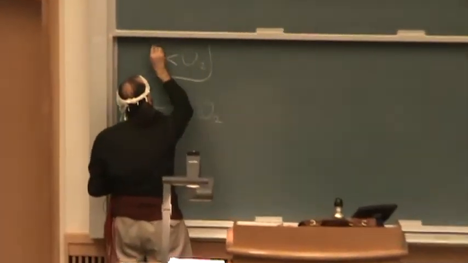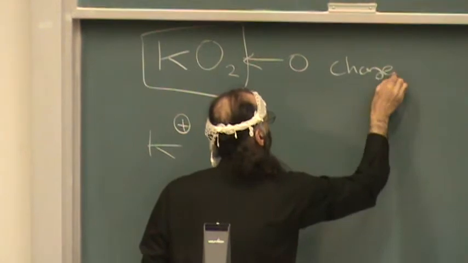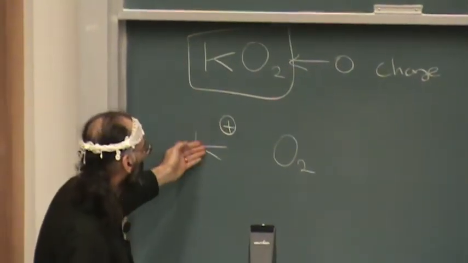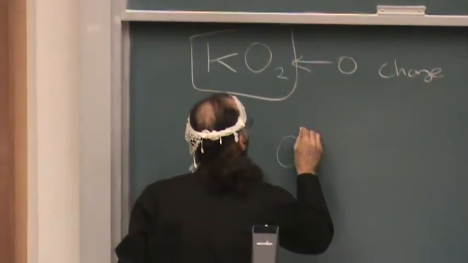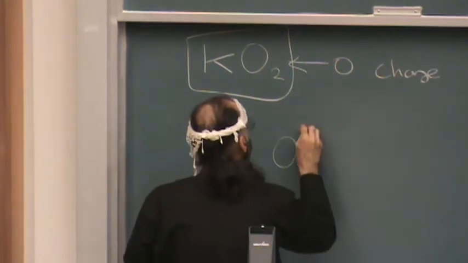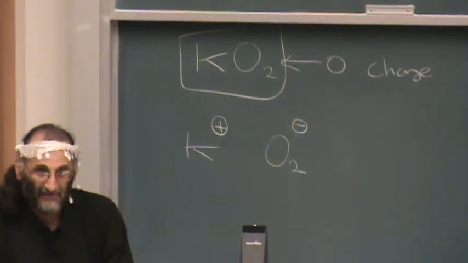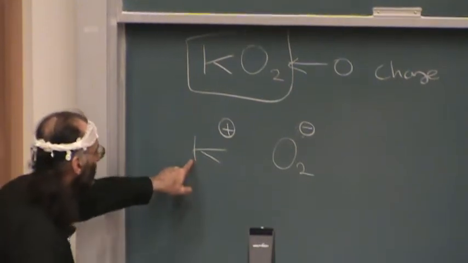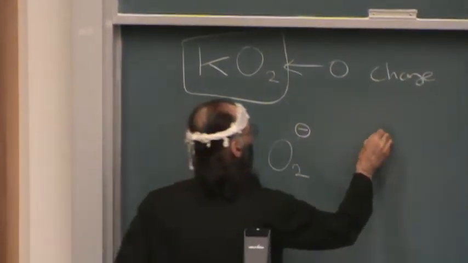This is 0 charge, because it's the formula unit of an ionic compound. If potassium is always +1, this part will have to be what? 1 minus. I can put it just minus, okay? And these are the charges, yes? Oxidation number for ions, in this case, is the same as the charge. Okay, so these are charges.